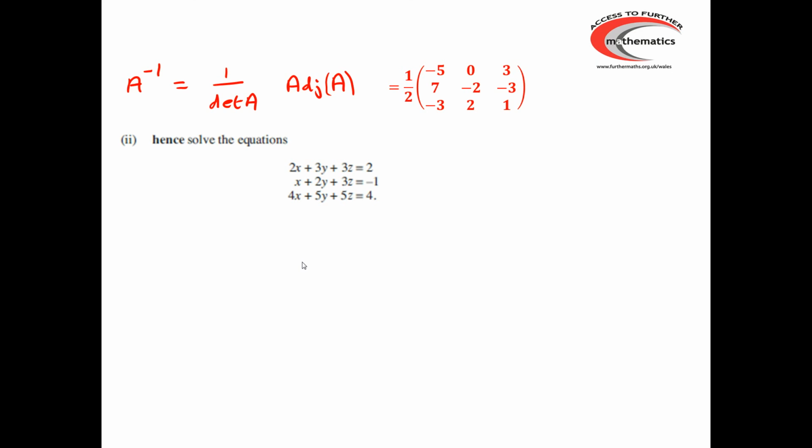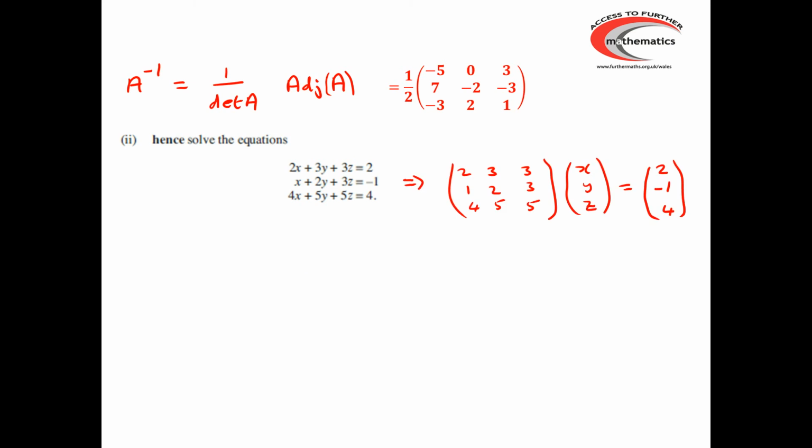Finally, we need to solve the system of equations. If we look carefully, we can see that the system of equations can be written in matrix form as A times xyz equals 2, minus 1, 4.